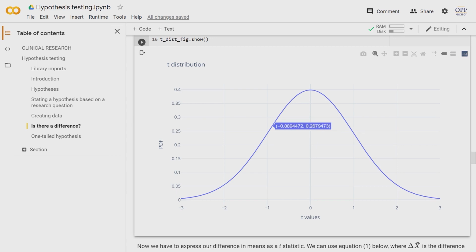And we are suggesting that in reality, and I'm going to whisper this in your ear, but this is the way the mathematics of this works. If in reality there was no difference, so some deity knows that there really isn't a difference, we could draw this graph. Given that there's no real difference, we do our study and we find a difference between the two means of somewhere on this curve.